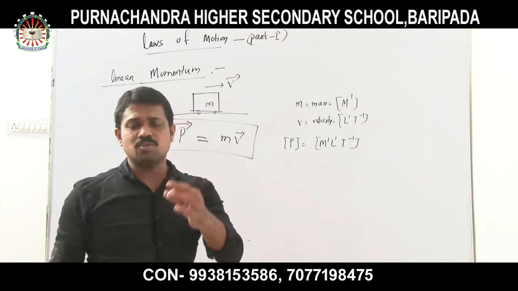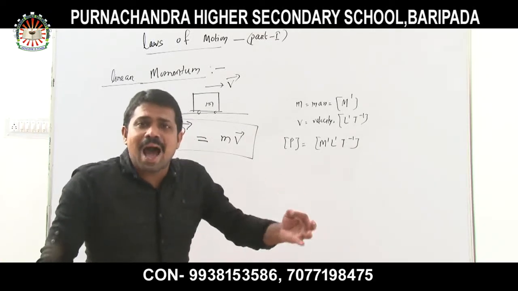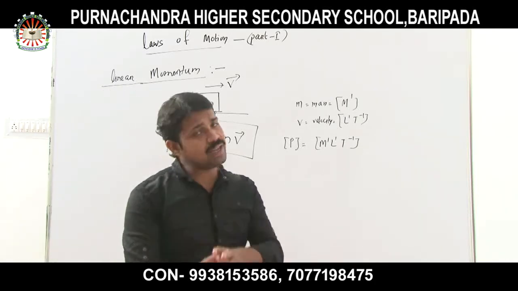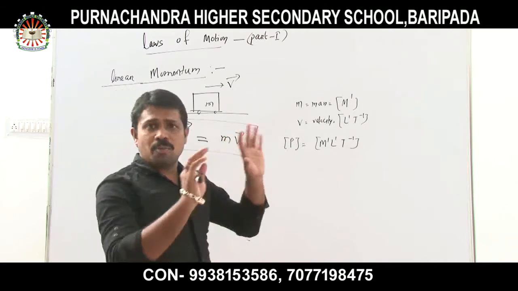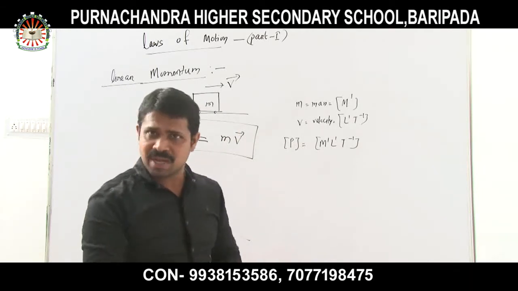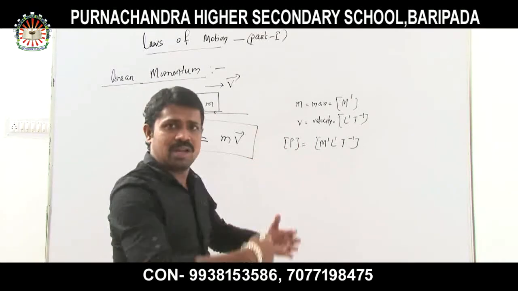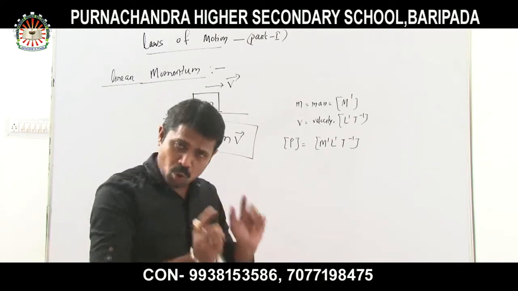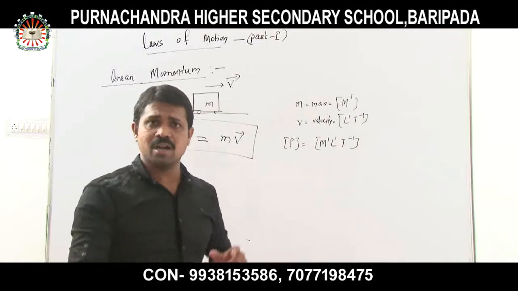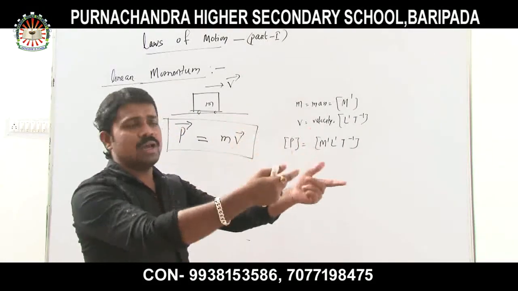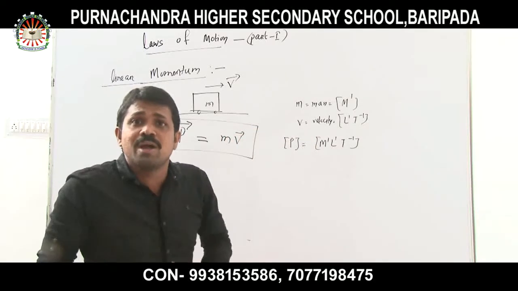Then a question arises: which will harm us more, and why? It's a very important question. All of you know obviously the car will harm us more. When the car hits us and when the bicycle hits us, though they move with the same velocity, the car will do more damage to us.